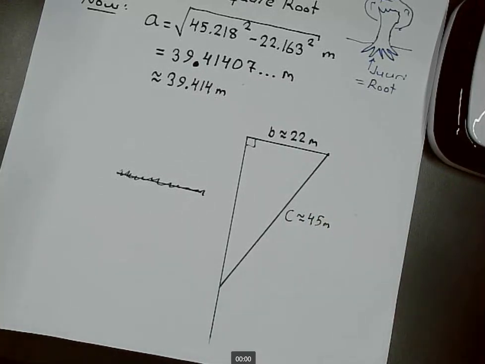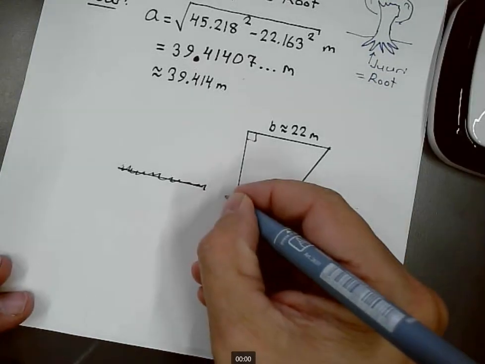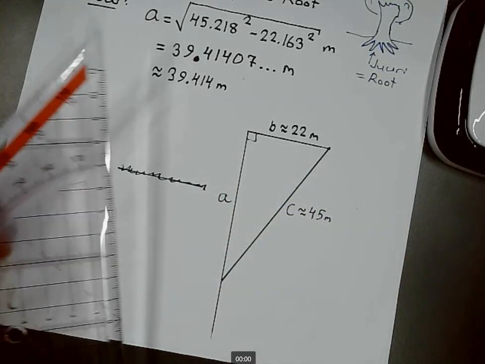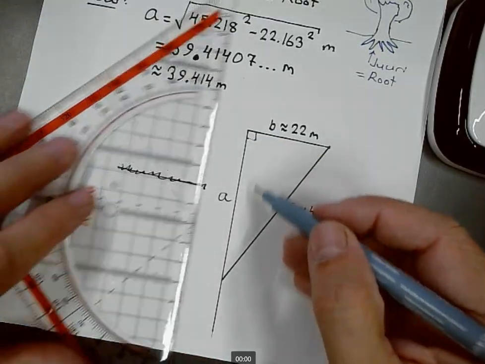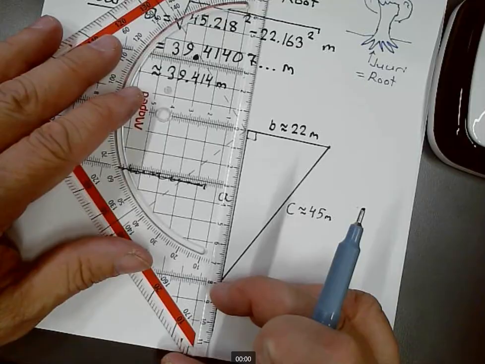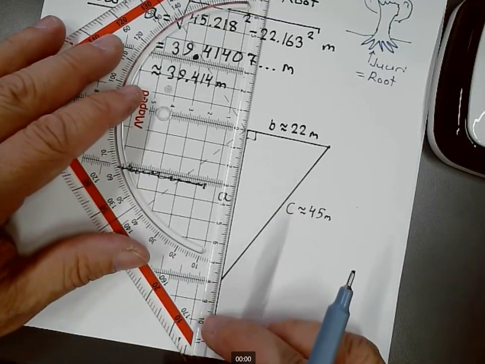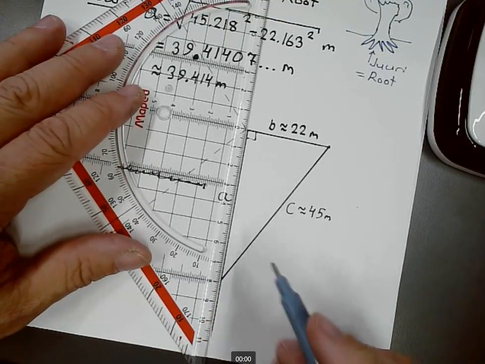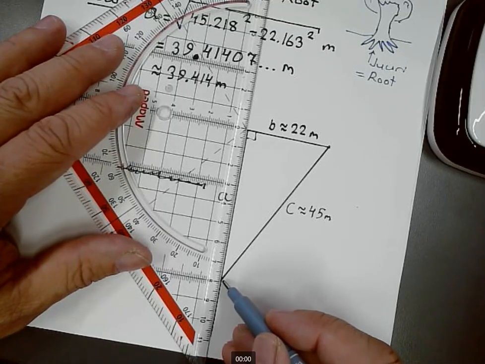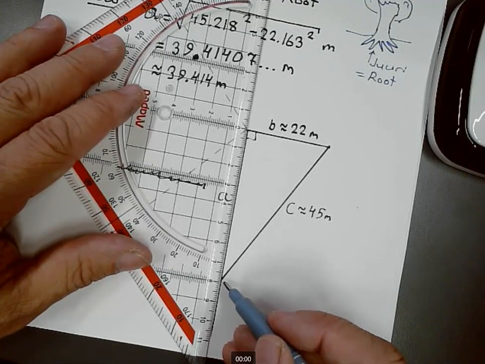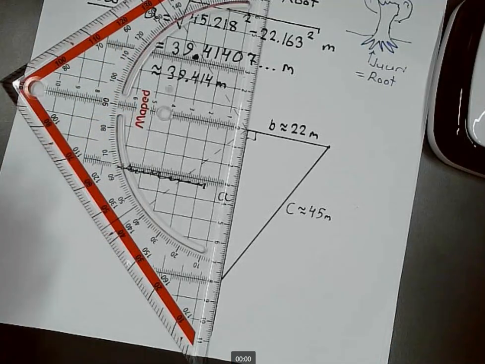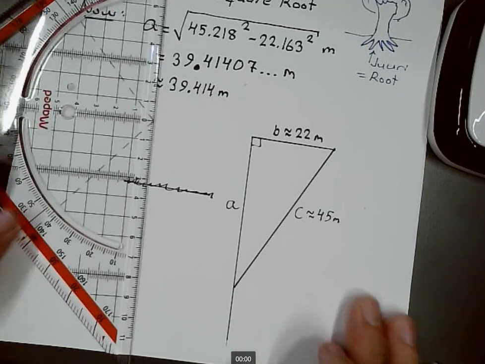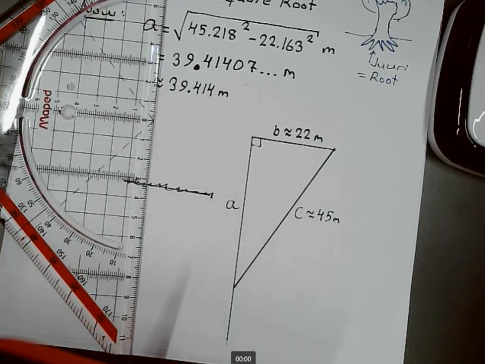So now I may take the ruler and measure the length of A, and remember that I doubled the measure here. So in my scale now I see that this is about 78 millimeters. 78 millimeters, and that is double the correct.